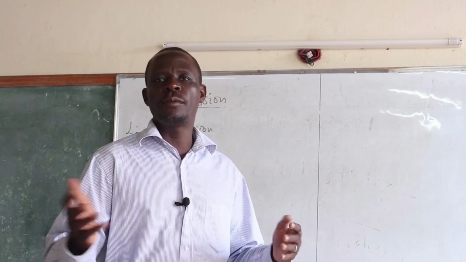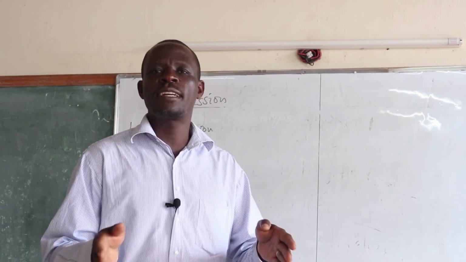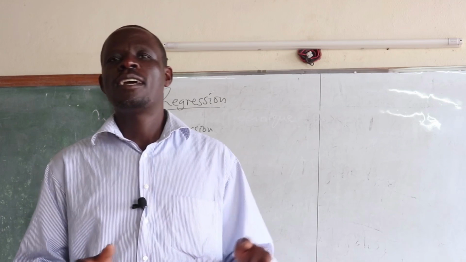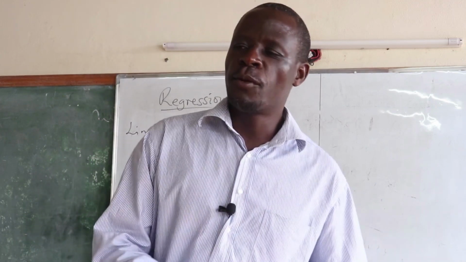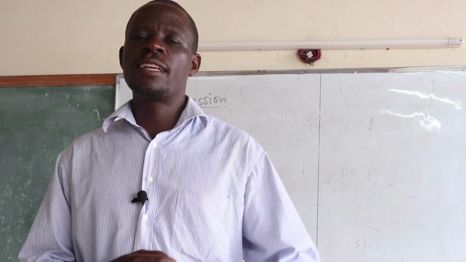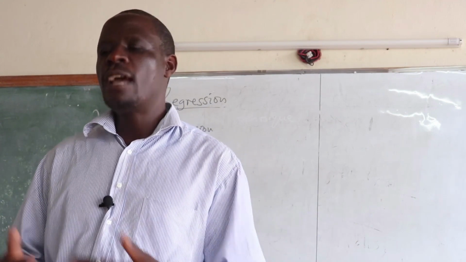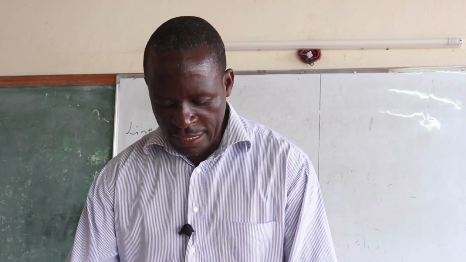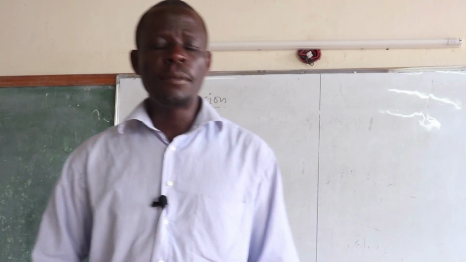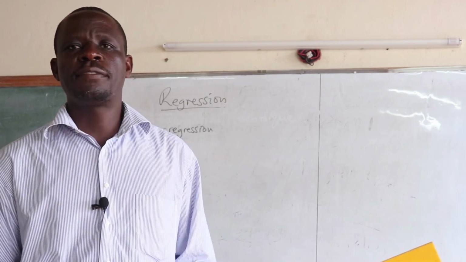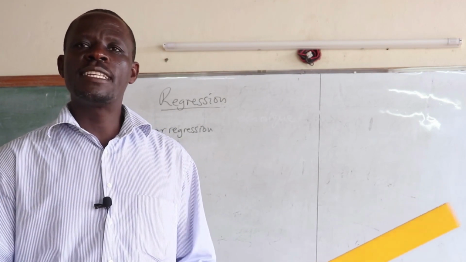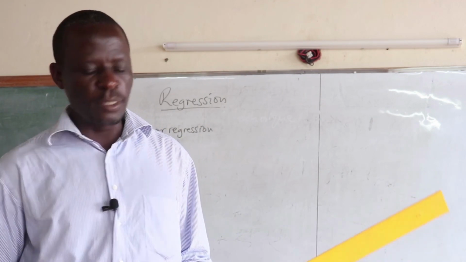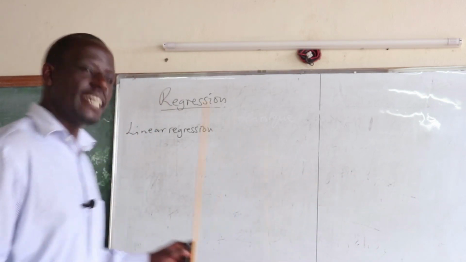It could be more variables, but in this particular case, we're only looking at two variables, which we will call the y variable and the x variable. The y variable we call the dependent variable, and the x variable we call the independent variable. We can illustrate the regression by coming up with a graph in which we can show the relationship between these two variables.